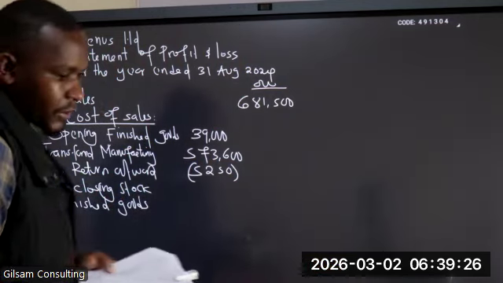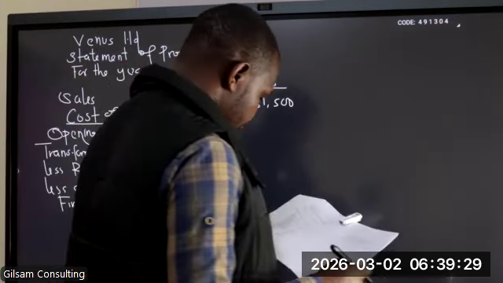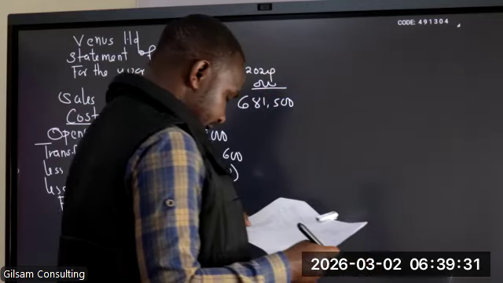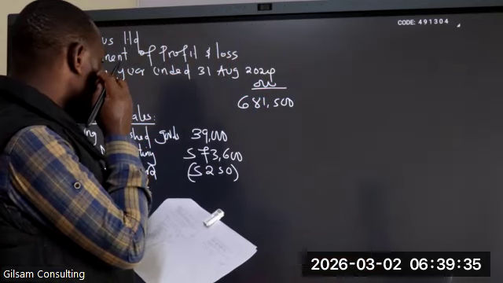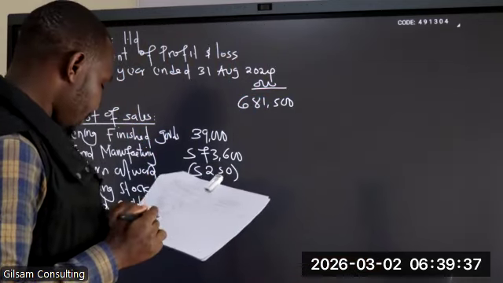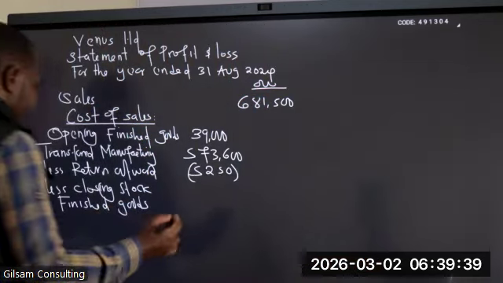So closing stock of finished goods is 160,000 units, which will take three zeros.